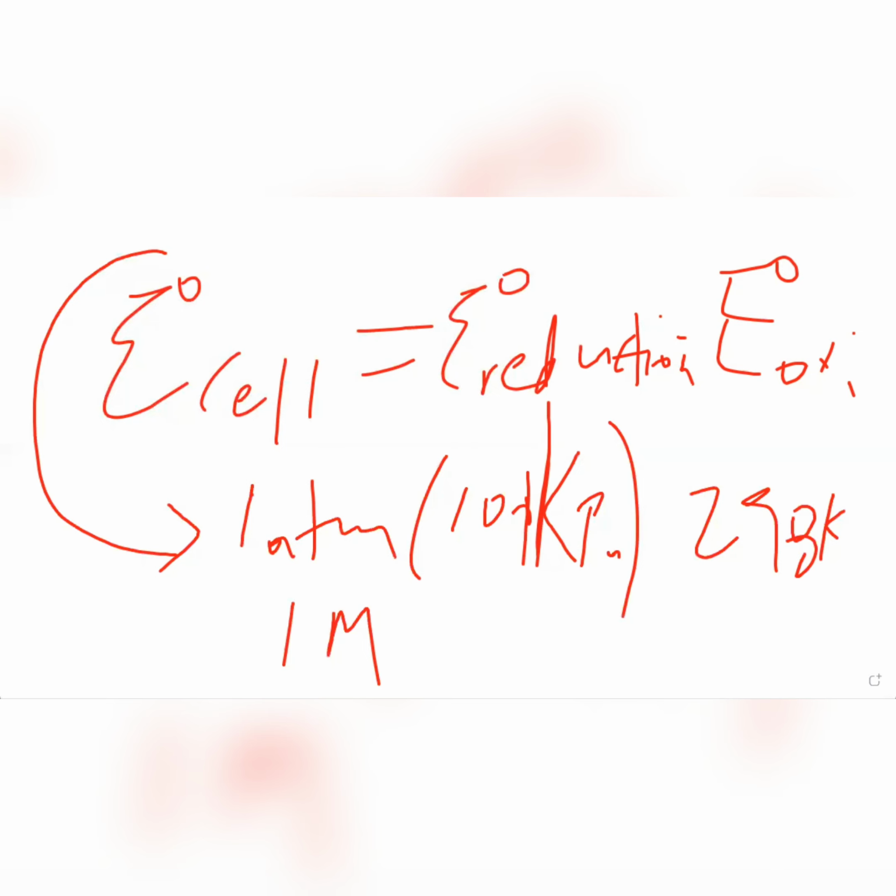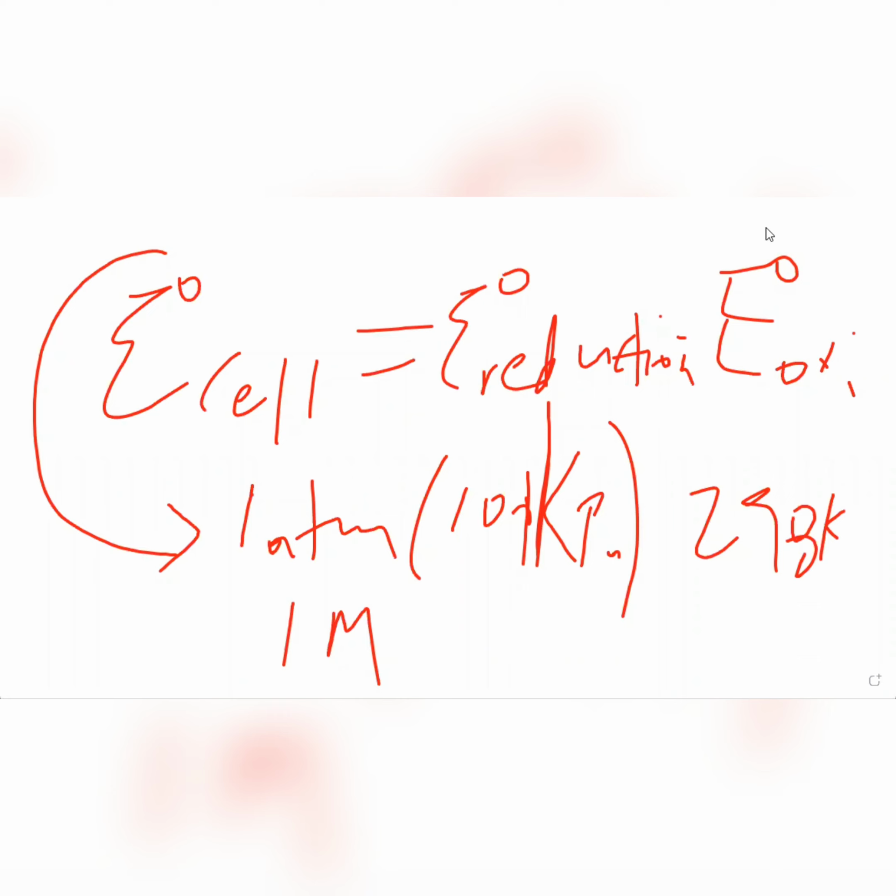Okay, so the E naught denotes the reduction potential of a cell under standard conditions. And so we can use those reduction potentials generated from the standard hydrogen electrode to calculate the E naught of any cell. All right, and that is pretty much what redox equilibria in terms of calculation is all about.